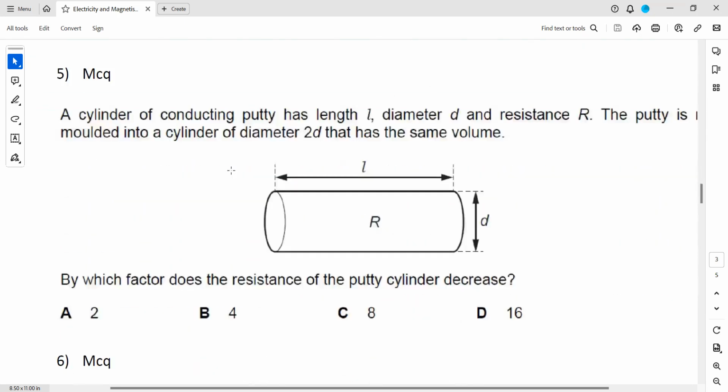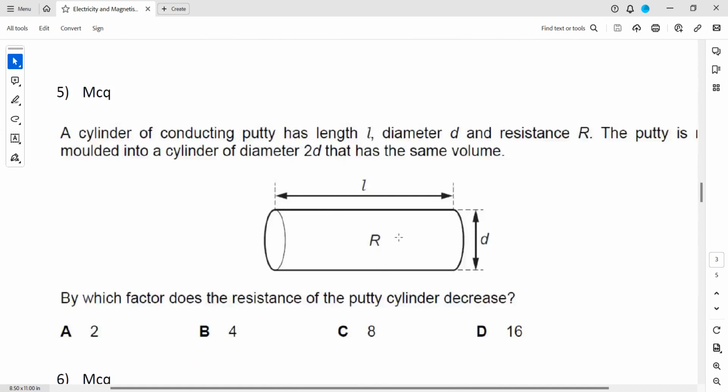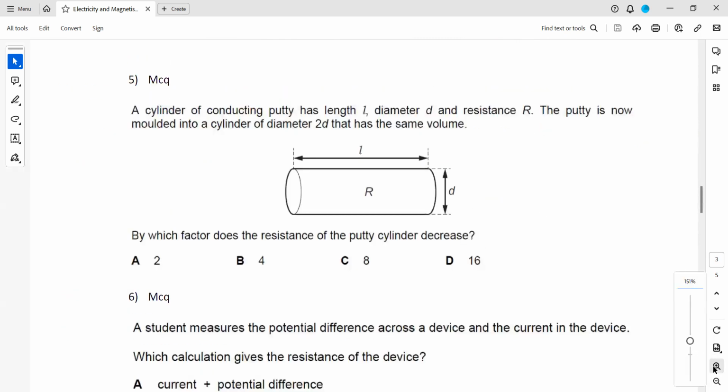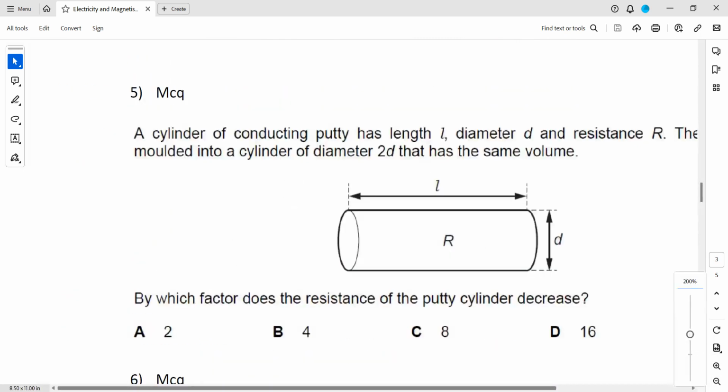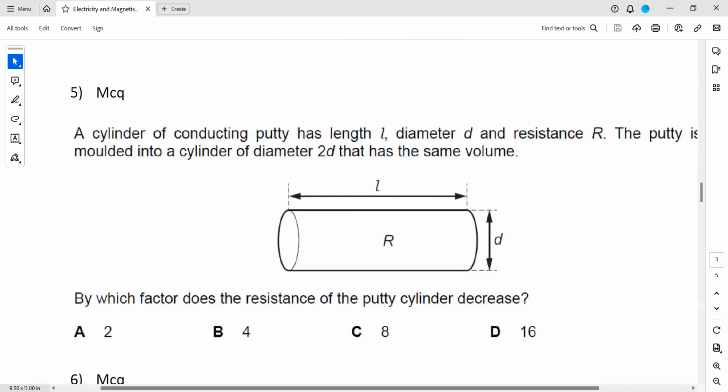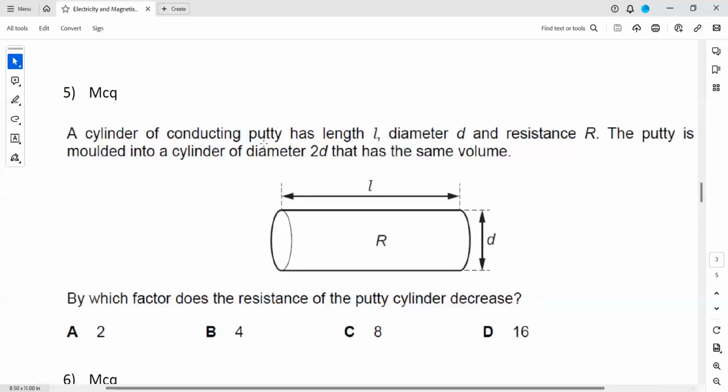In question 5, a cylindrical conducting putty has a length L, a diameter D and a resistance R, and is now molded into a cylinder of diameter 2D that has the same volume. By which factor does the resistance decrease? So how can you identify this? You can use a formula.